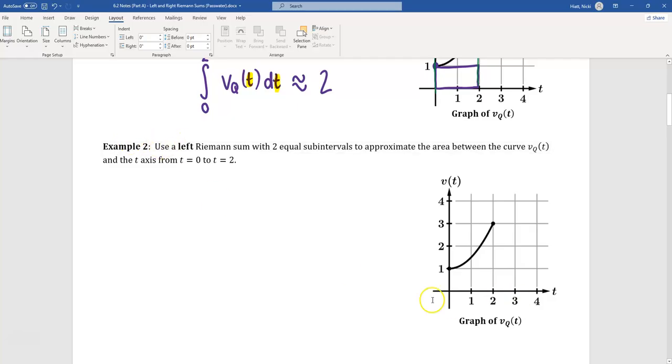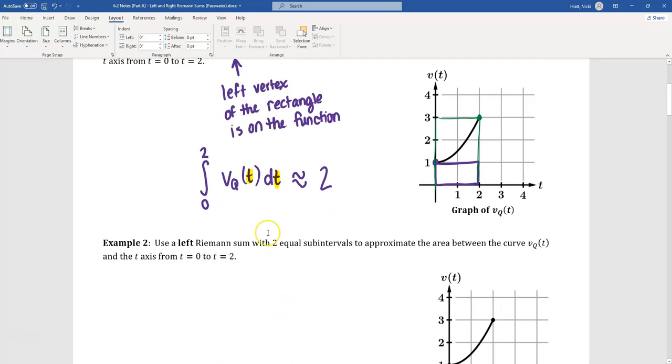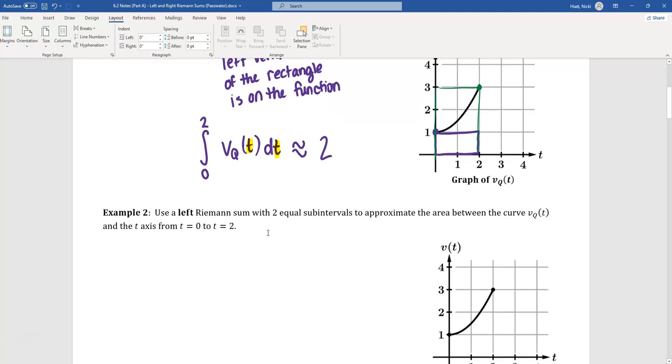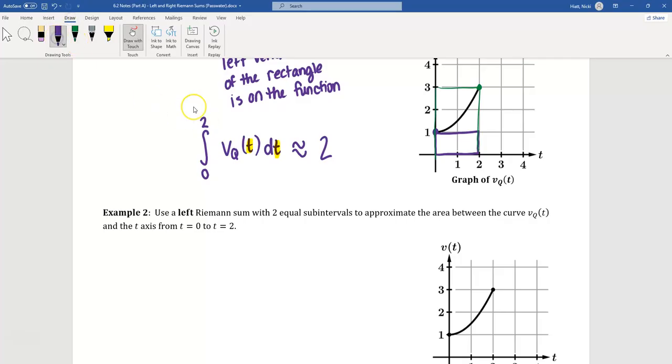So if I want to do the same thing here, did it give me the equation for this? It did not. But I am pretty sure. I'm going to add this in. This is the first time I've used Mr. Passwater's notes here. I might need to adjust it a little bit more.